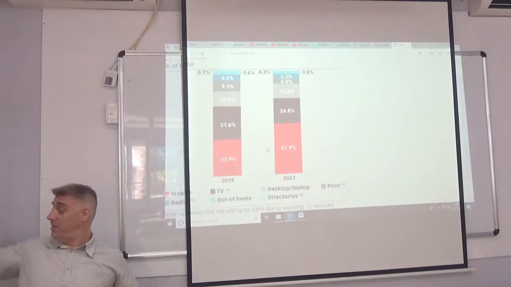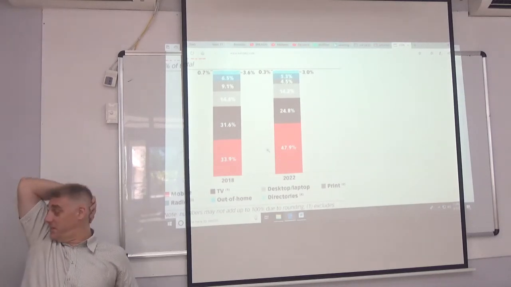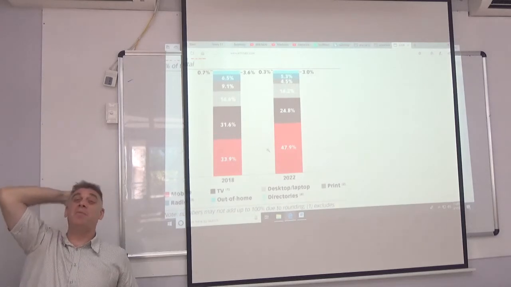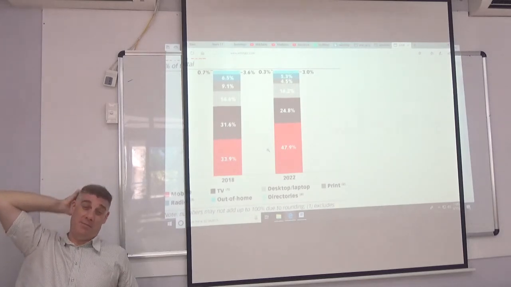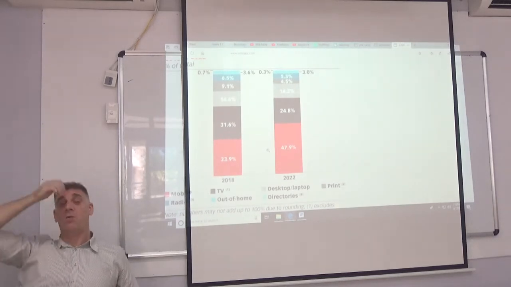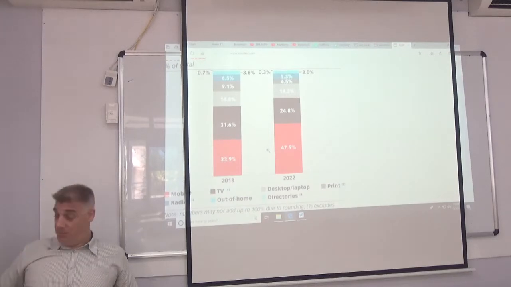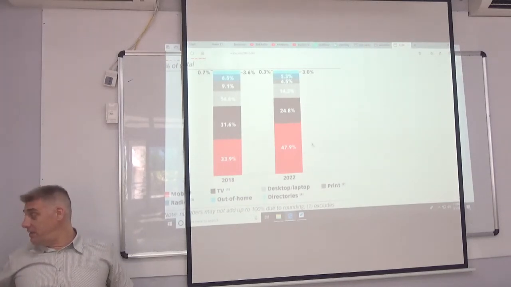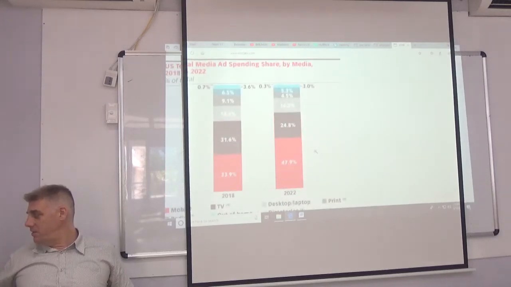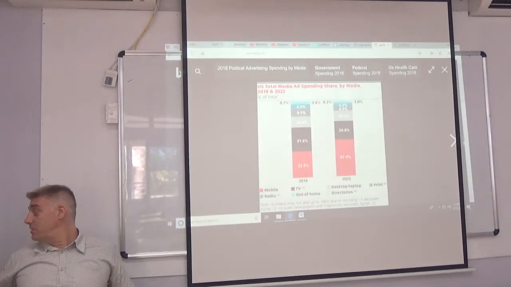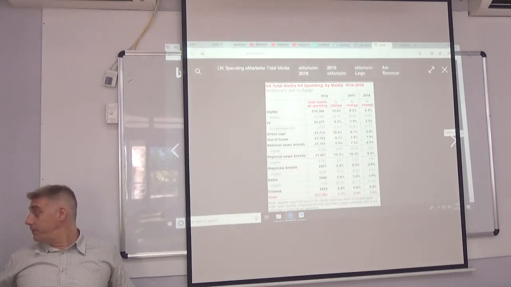And mobile phone advertising is expected to be almost 50% of the market. Are we addicted to our phones? So that's what we're talking about there, apps and Facebook, basically. So in 2022, half of all advertising is looking to be online.